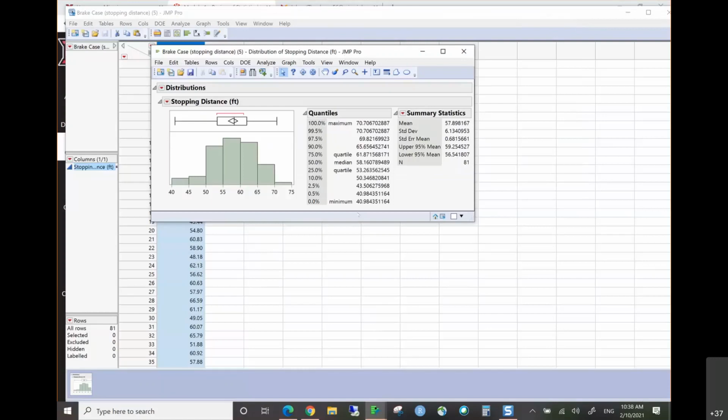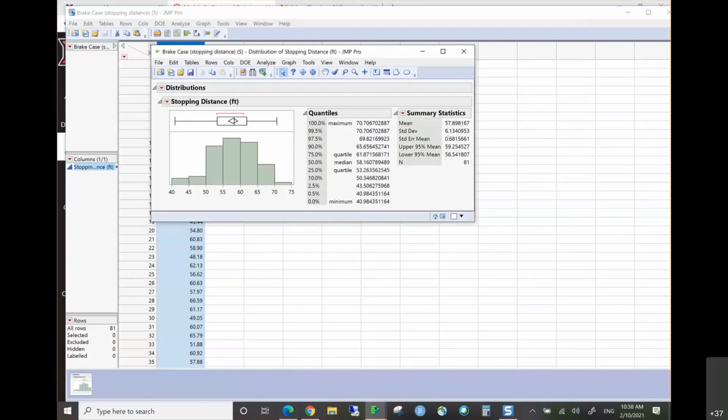All right, so this is the default output if you want to learn something about this variable, stopping distance. It will tell you the distribution of this stopping distance, right? It will tell you the mean of the sample we collected: we have 81 observations in this sample. The mean of this sample is 57.898.